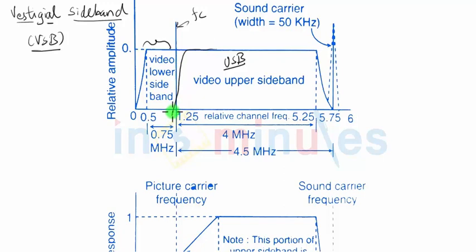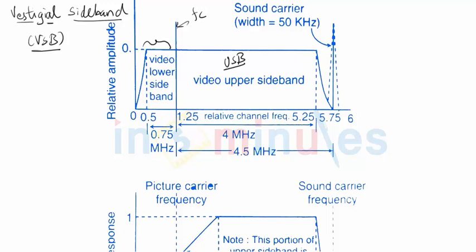Now, in such a case, you can see the low frequencies of the upper sideband, the frequencies which are towards the carrier frequency, there will be attenuation of these frequencies, and this attenuation will result in loss of low frequency information, which is not desirable in case of TV signals or telegraph signals.